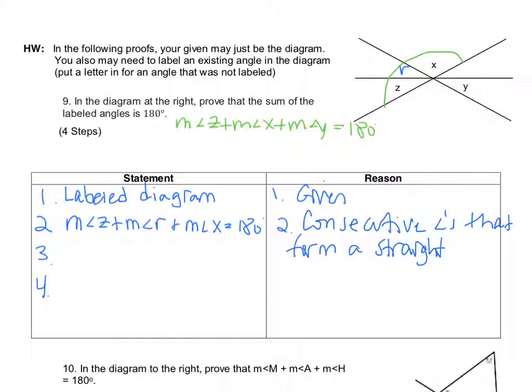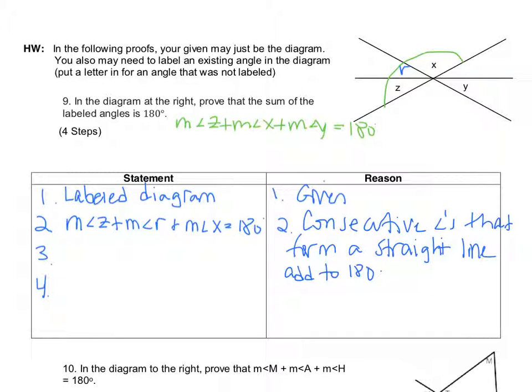It doesn't look like the word straight, does it? Fix that. It's a little better. Add to 180. We don't say they're supplementary because supplementary angles are 2 angles and we have 3 angles here.